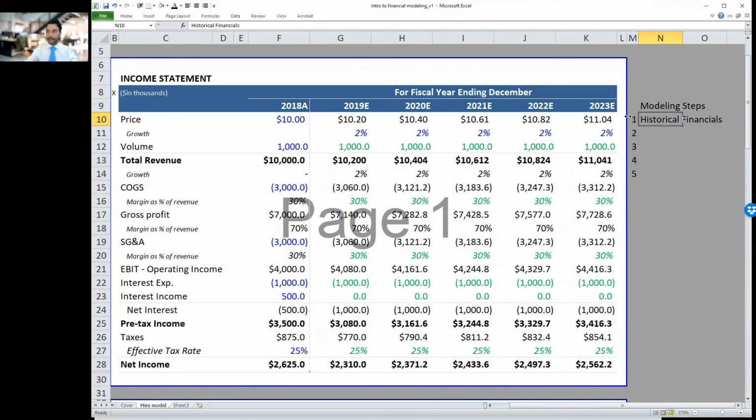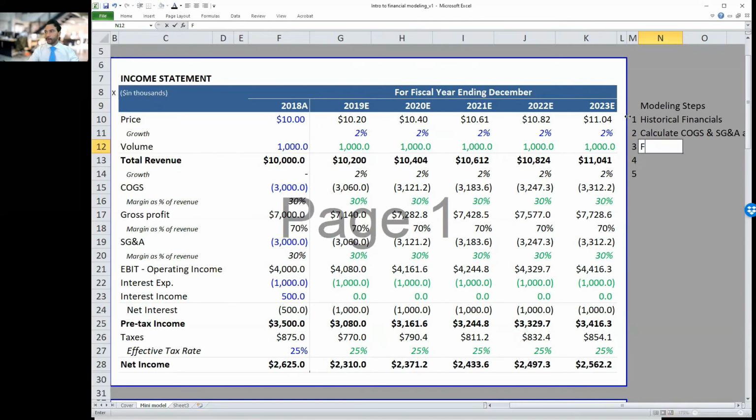financials, okay? Then we did what? Calculated COGS and SG&A as percent of revenue, okay? Then after that, what did we do?